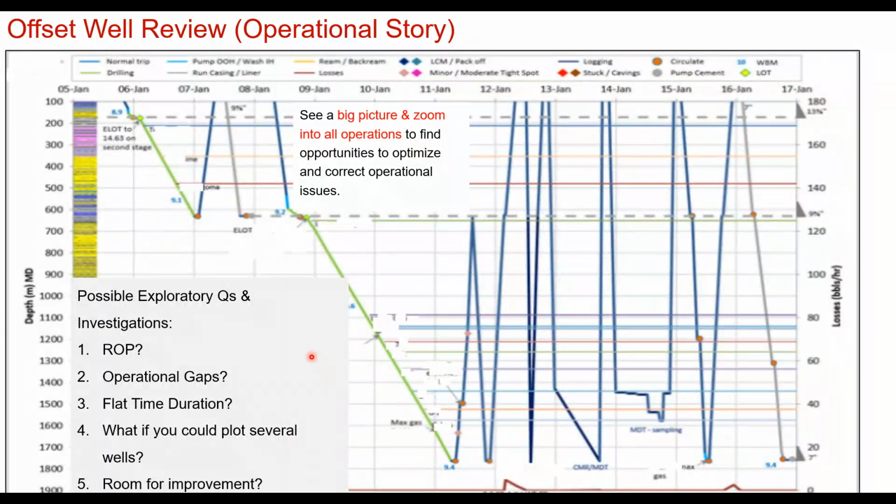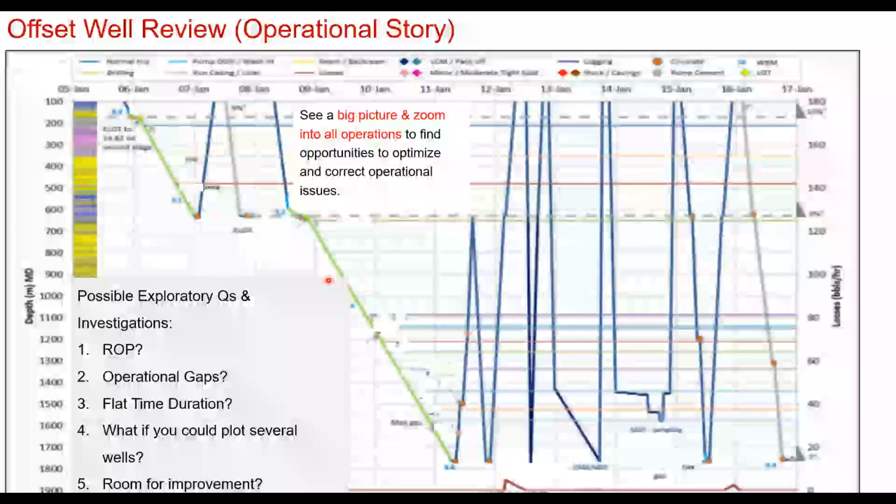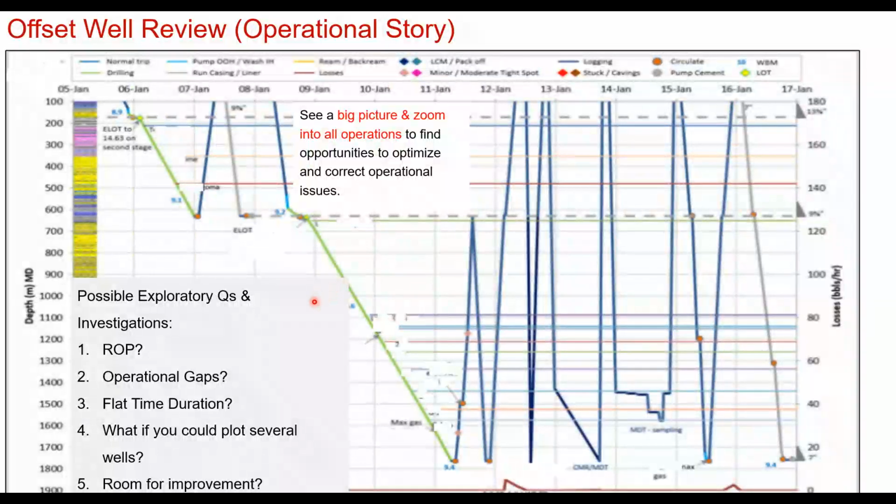So those kind of things add up. One day on the rig, $75,000 or $50,000, depends where you are. Why not use digital offset analysis as a big picture, as a small picture, but it will really help you get a grip on what you are dealing with, what kind of well you will be dealing with.